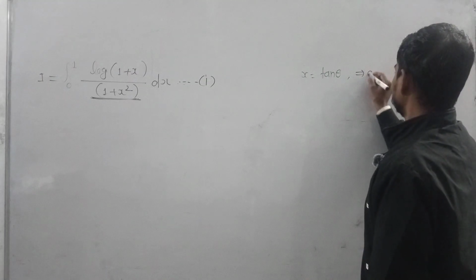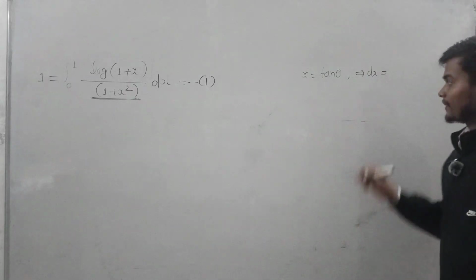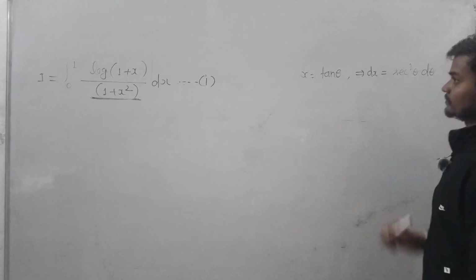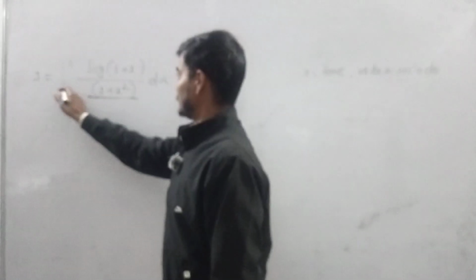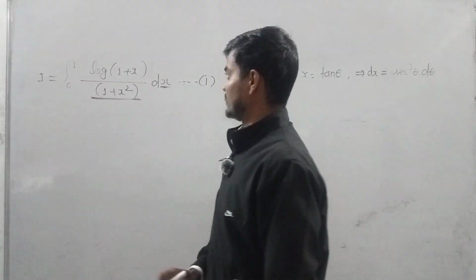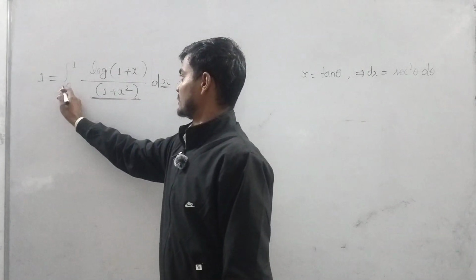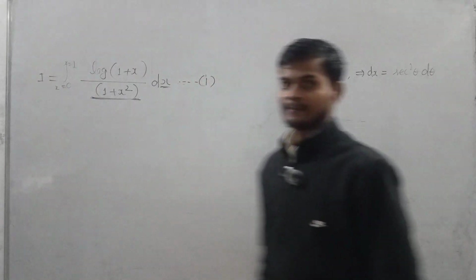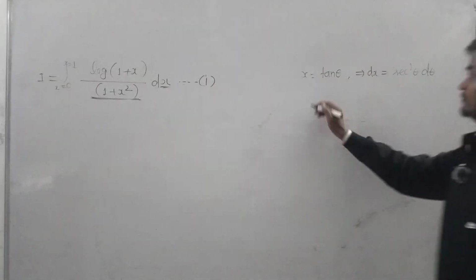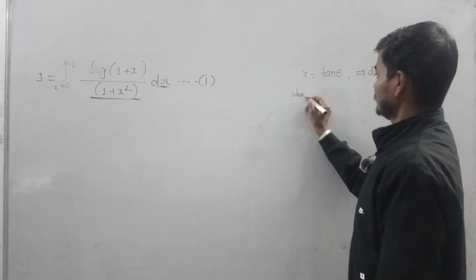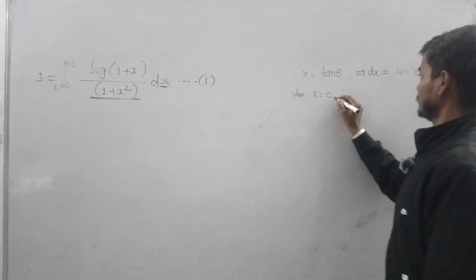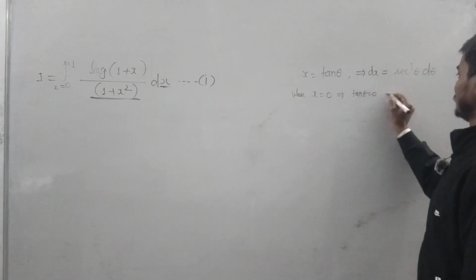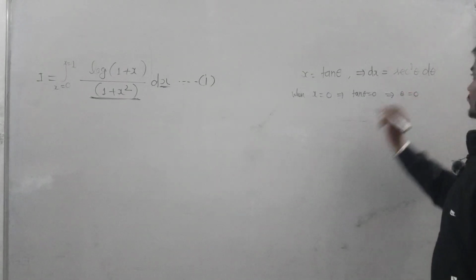This implies that dx equal to sec square theta d theta. Changing limits: here x equals 0 and here x equals 1. When x equal to 0, this implies that tan theta equal to 0, so theta equal to 0.